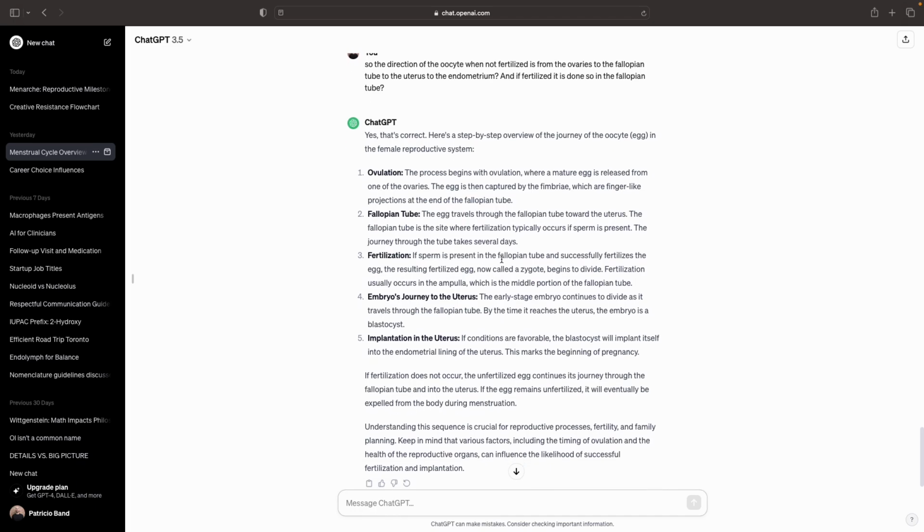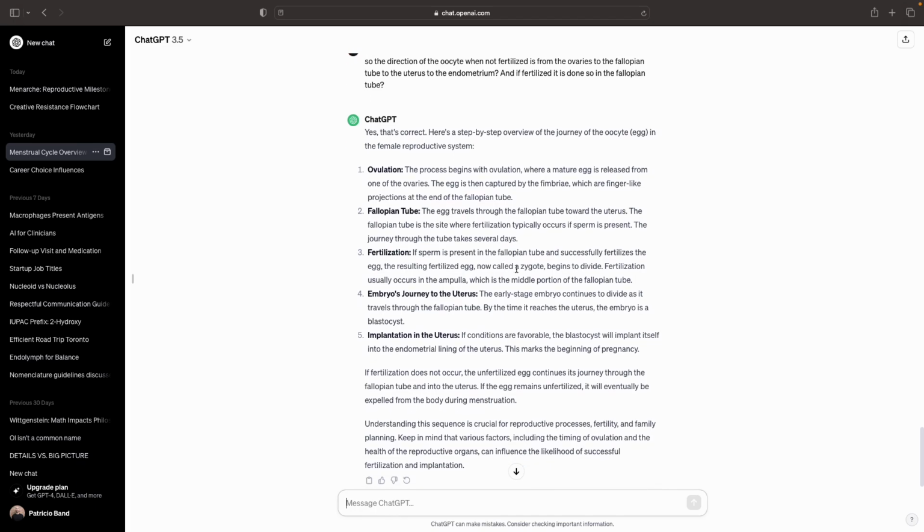If sperm is present in the fallopian tube and successfully fertilizes the egg, the resulting fertilized egg is now called a zygote. So zygote is the fertilized egg.